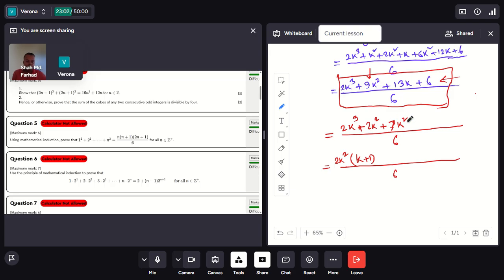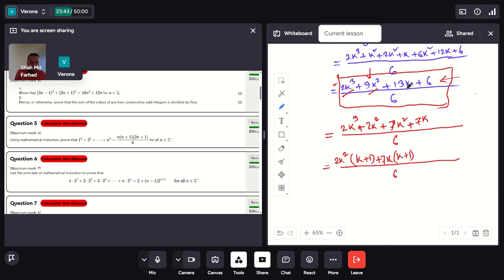Okay. Then to get 7k square, we have to multiply k plus 1 by what term? It will be 7k, right? So now if we multiply this k plus 1 by 7k, then we are getting 7k square and then plus 7k. Okay. Now we have finished this one.